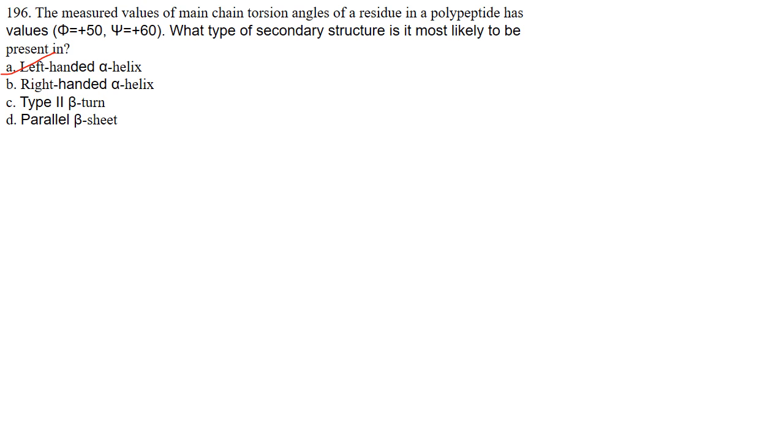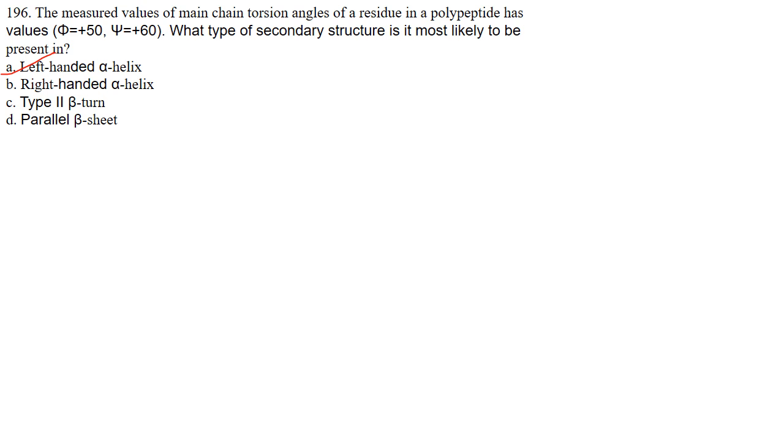The measured values of main chain torsion angles of a residue in a polypeptide have values psi and phi as positive values. What type of secondary structure is most likely to be present? So both are positive values and that will come for left-handed alpha helix in the Ramachandran plot.